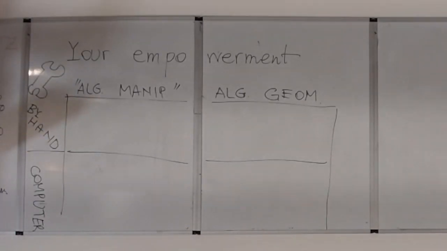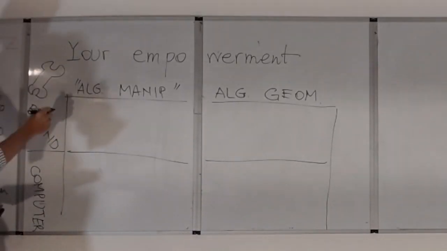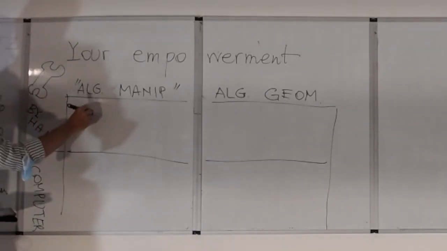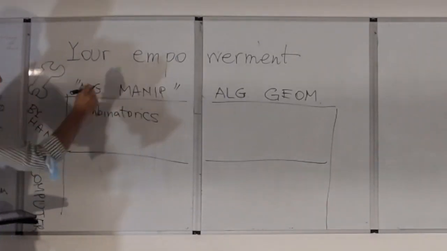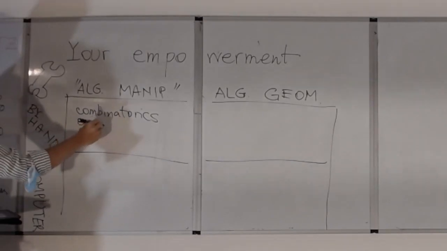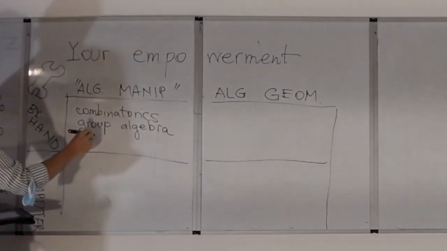So for example, here, we can use combinatorics to compute Hurwitz numbers. We can also use the group algebra. We can use characters.